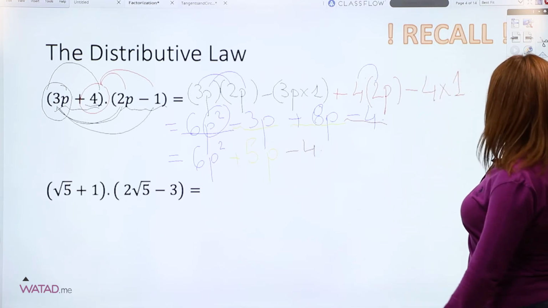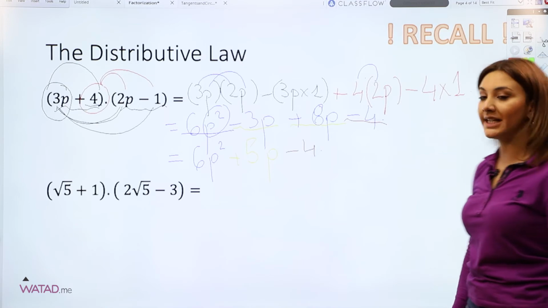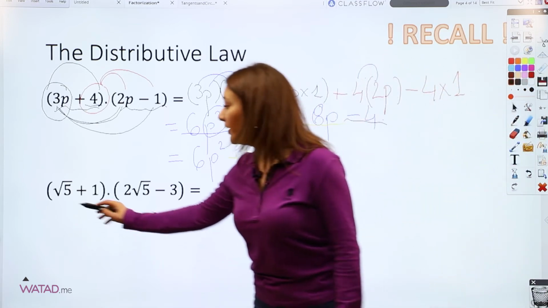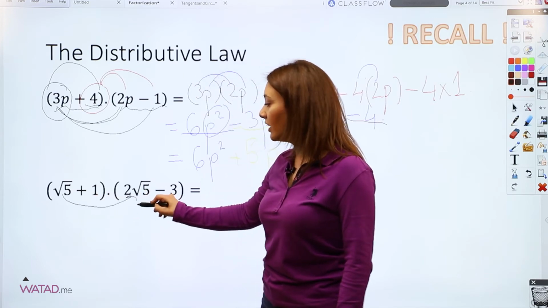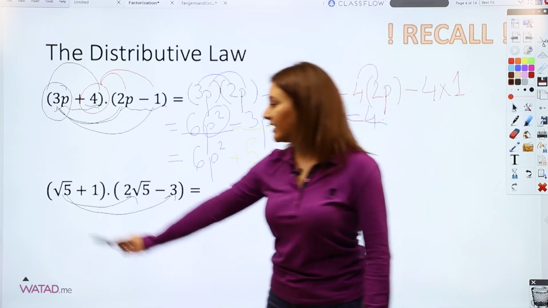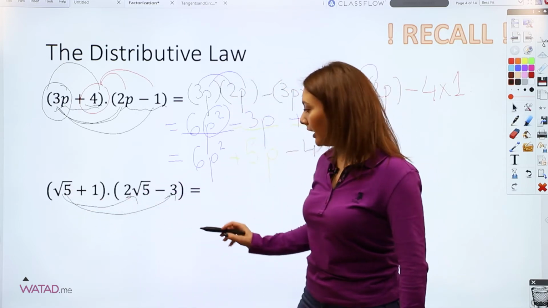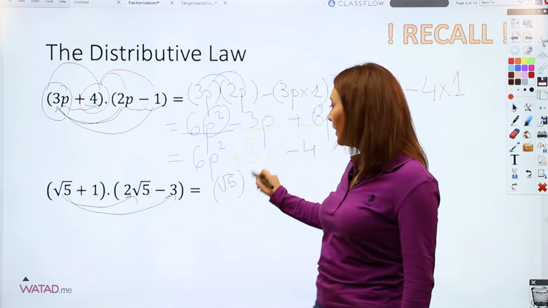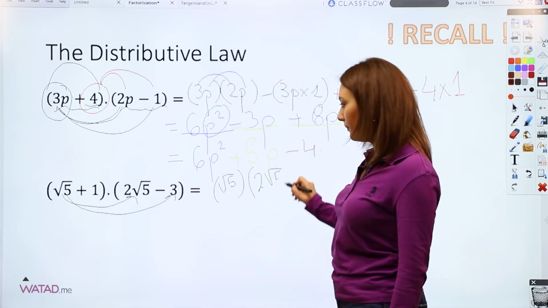Okay? And finally, another example with square roots. Also, I should multiply every term from the first parenthesis into the terms of the second. So this is radical 5 multiplied by 2 radical 5.